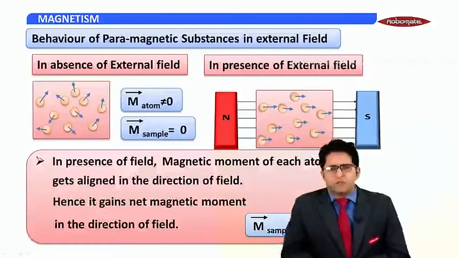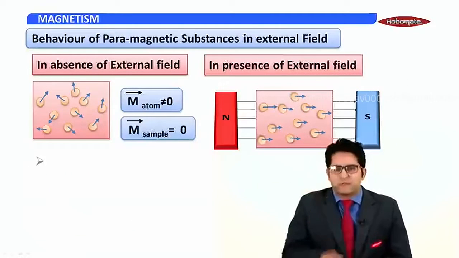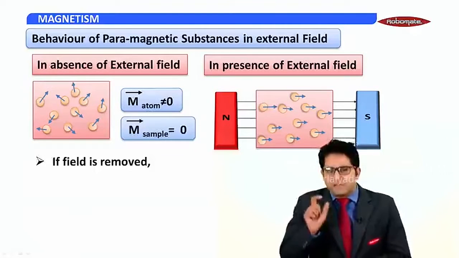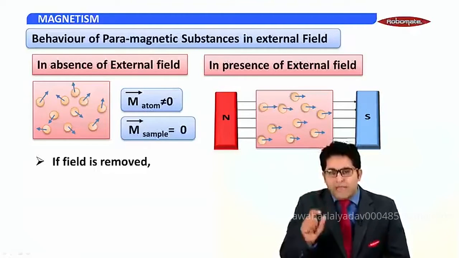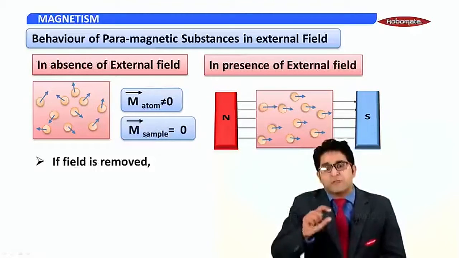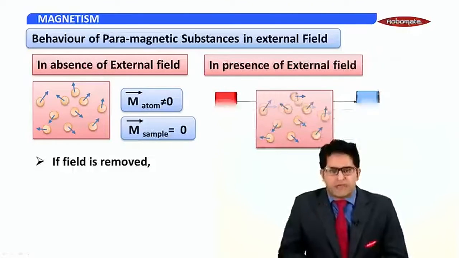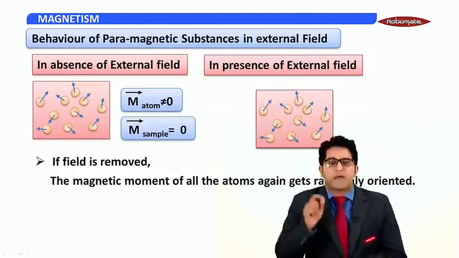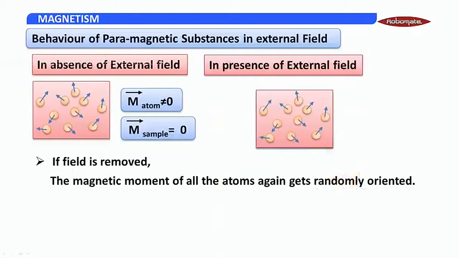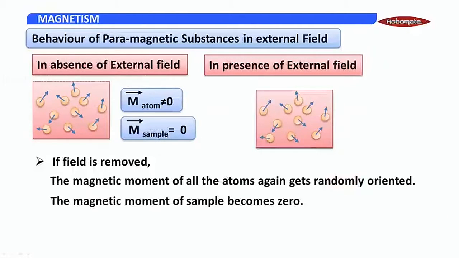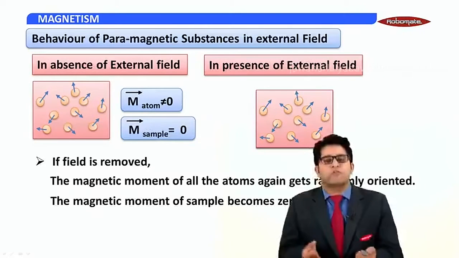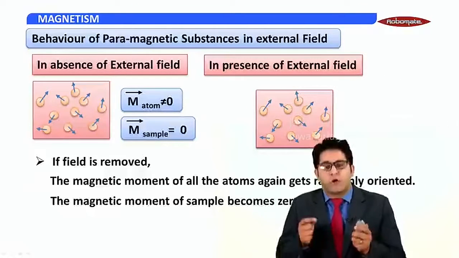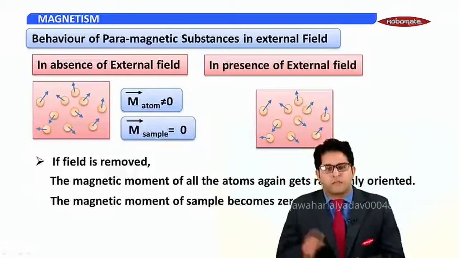Now if I remove this field, the magnetic moment of every atom will again be randomly oriented, and this sample of paramagnetic substance will lose its magnetism. So once the field is applied, a paramagnetic substance gains net magnetic moment in the direction of the field, and if we remove the field, the net magnetic moment of the overall sample again becomes 0.